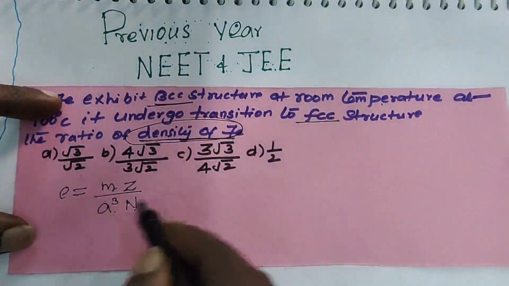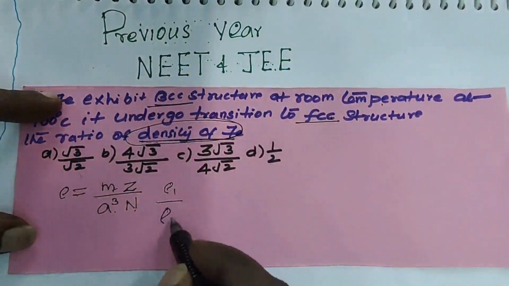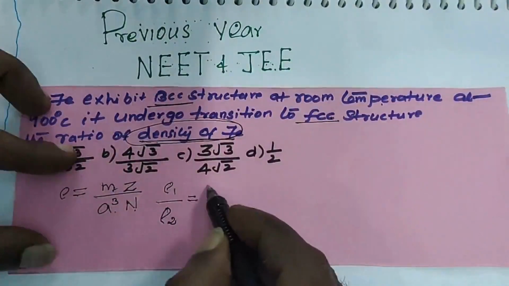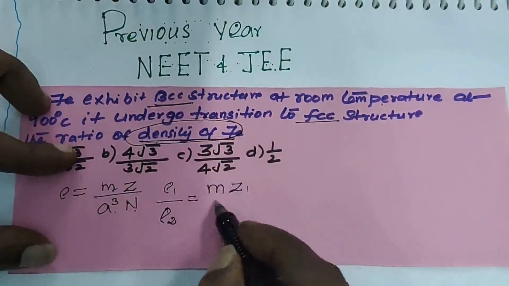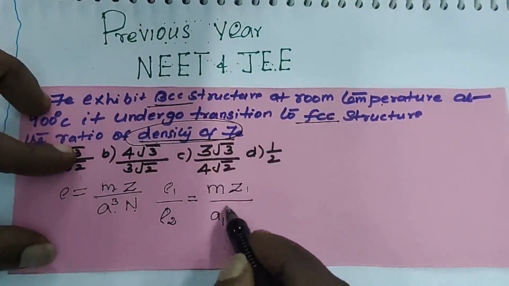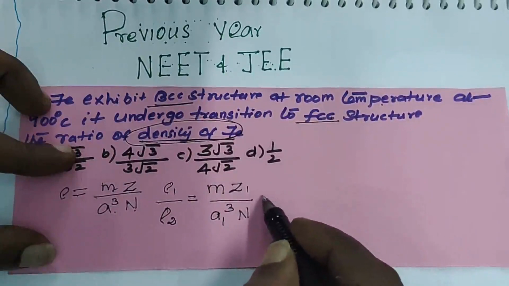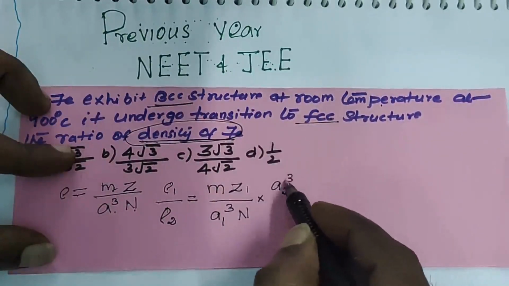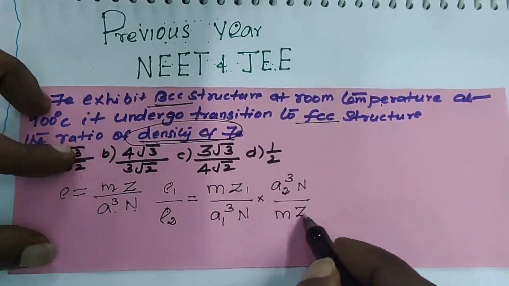To calculate rho 1 by rho 2, the ratio of the density: rho 1 by rho 2 is equal to M into Z1 by A1 cube into N, into, take the reciprocal, A2 cube N divided by M into Z2.